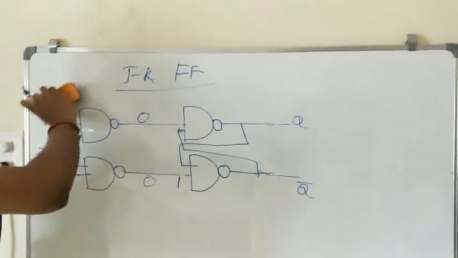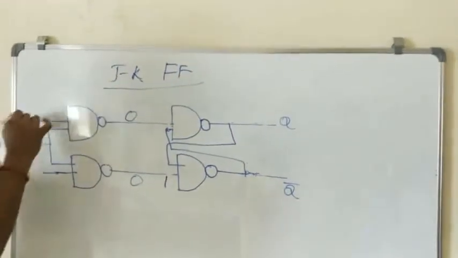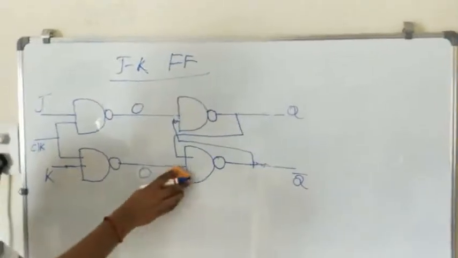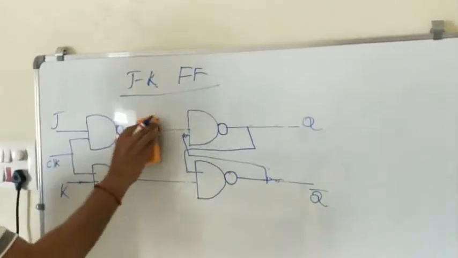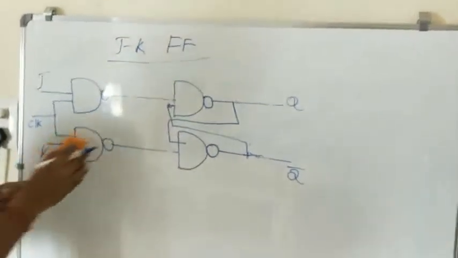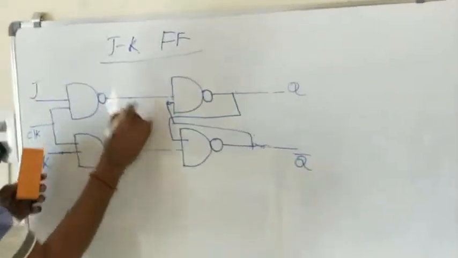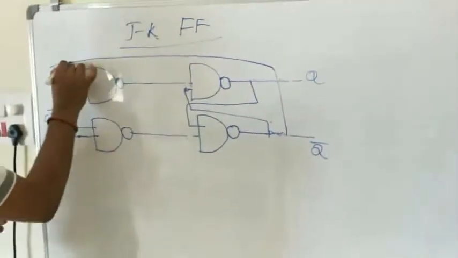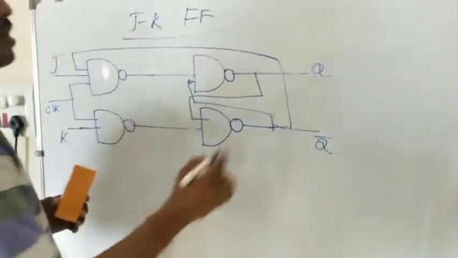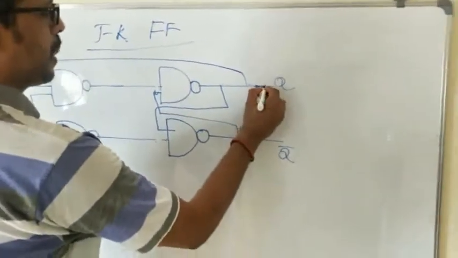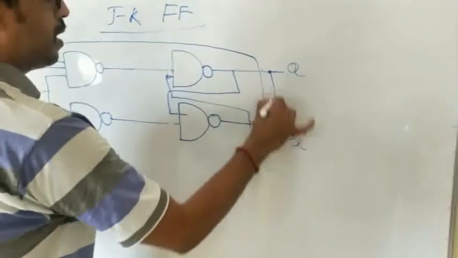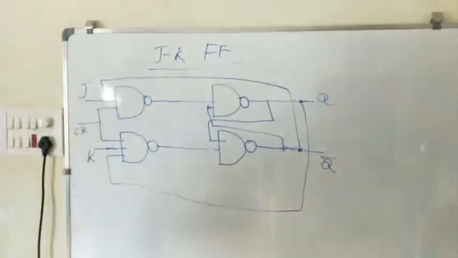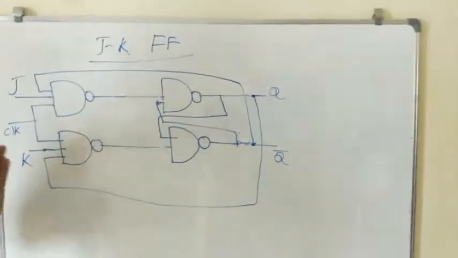I am going to change the SR flip-flop inputs to J and K. The only modification is that the complemented output should be combined with the J input, and the normal output should be combined with the K input. The same SR flip-flop structure.